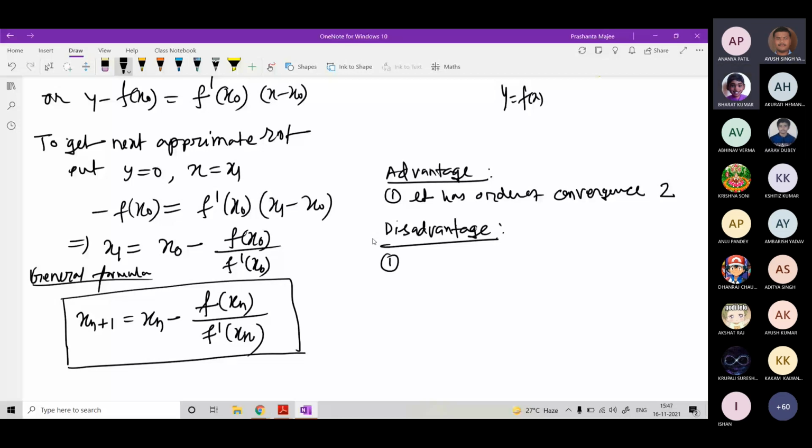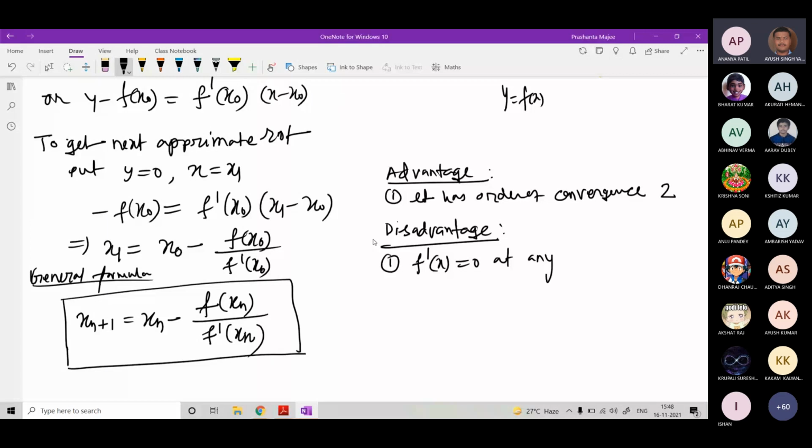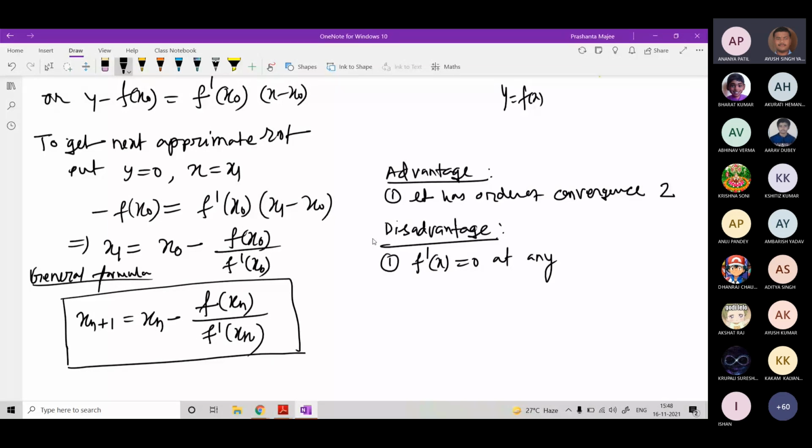If f dash x equals 0 in any iteration, what is happening?